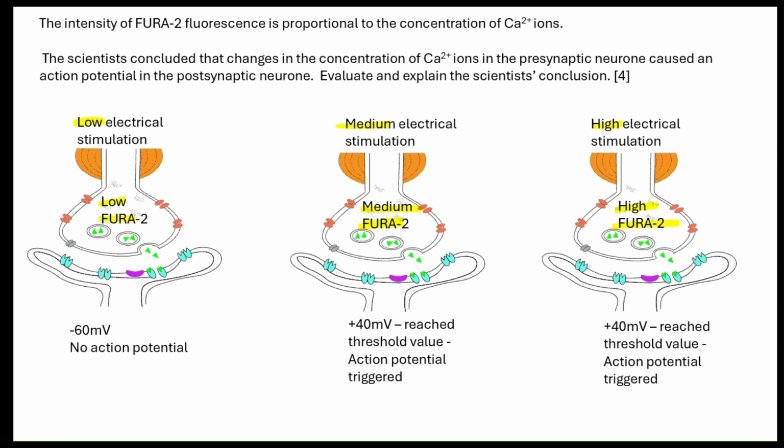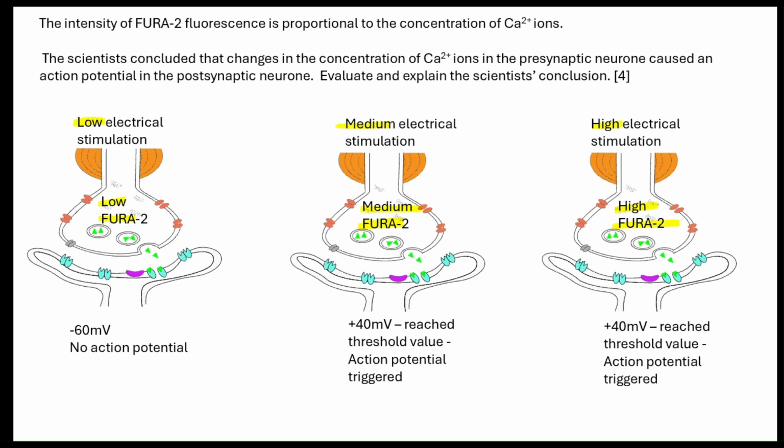And it depolarizes each of them, but it depolarizes them at different levels. So when there is a low stimulation, there is a depolarization that does not reach the threshold value. When it's a medium and high, it does reach the threshold value and an action potential is triggered.